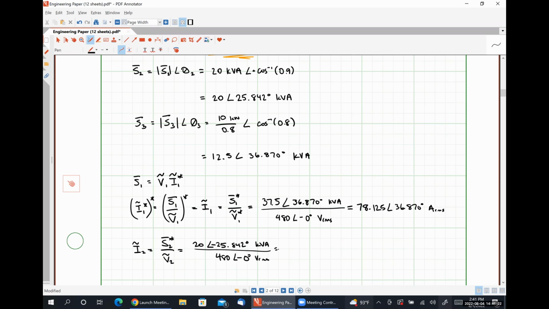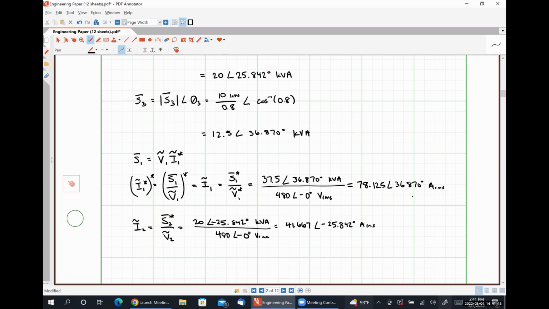I get 41.667 angle negative 25.842 degrees, amps RMS. And looks like I'm going to have to go to another page here.